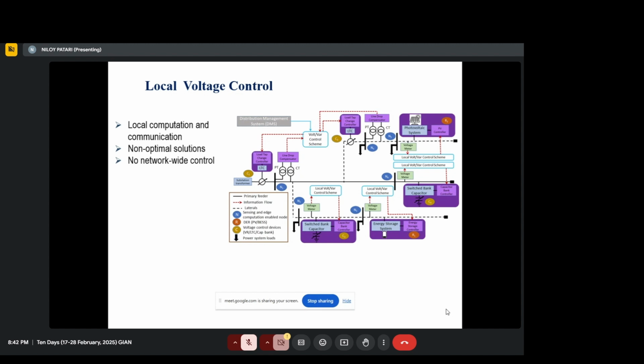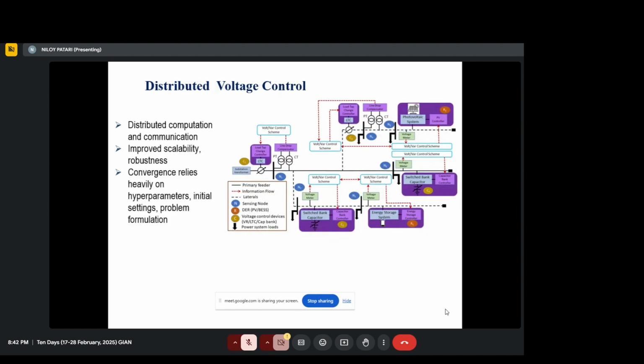You don't know if this is an optimal solution, optimal in the sense that it incurs the minimum cost to the utility or to the customer or whoever the owner is. So this gives non-optimal solutions.